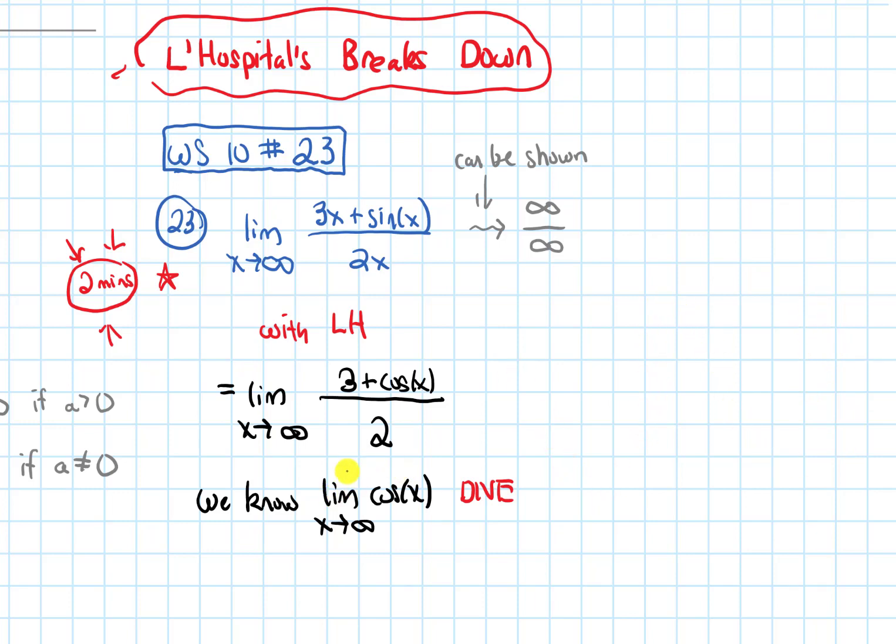So the cosine part individually will be a DNE. It's like you have 3 plus something that keeps bouncing back and forth between 1 and -1, all divided by 2. And that's going to make this whole thing DNE. So therefore, the limit as x goes to infinity of (3 plus cosine x) over 2 is going to be DNE.